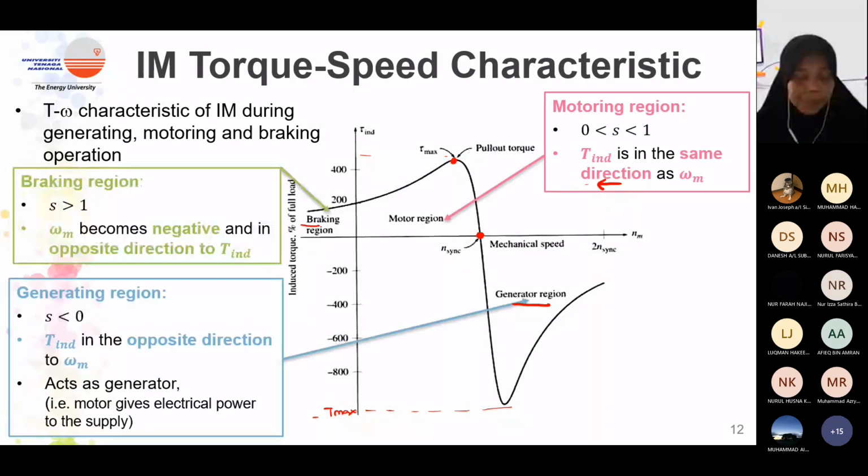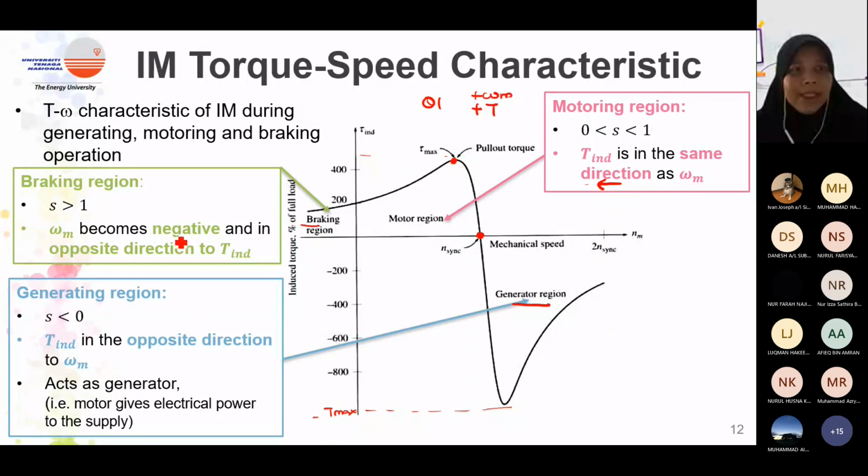Okay, this is the detail for motoring region. The slip must be between 0 to 1 and the T induced is the same direction as omega m. Ini lebih kurang macam Q1 operation lah. You have a positive speed and you have positive torque.